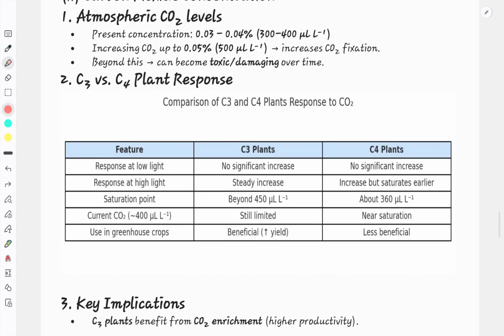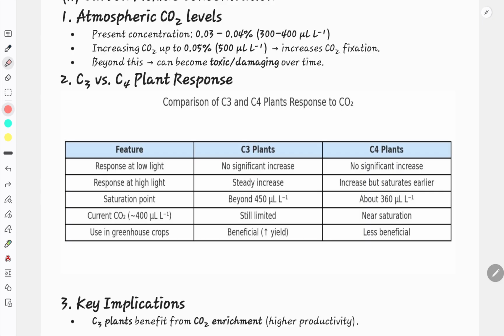Let's understand this with the help of a table comparing C3 and C4 plants. In the response at low light, no significant effect is seen in either plant. Response to high light: it will steadily increase in C3 plants, but in C4 plants it increases but saturates earlier.